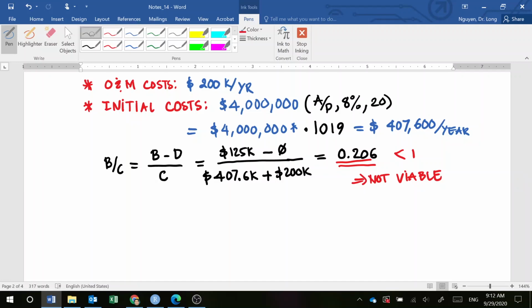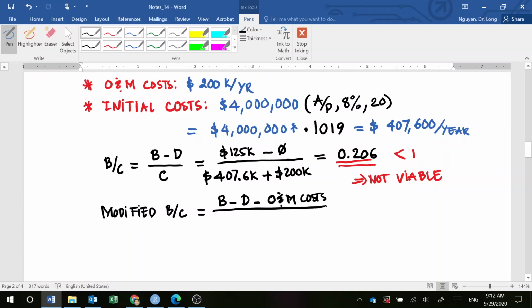Then we can have the modified B over C, with the equation benefits minus disbenefits minus O&M cost in the numerator. So the O&M cost goes up there, and of course we divide by the initial cost, and any other costs minus salvage value.